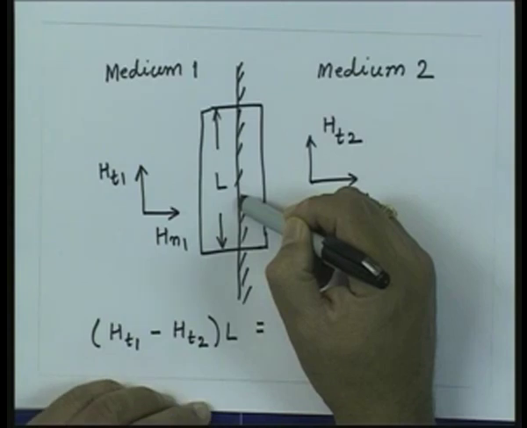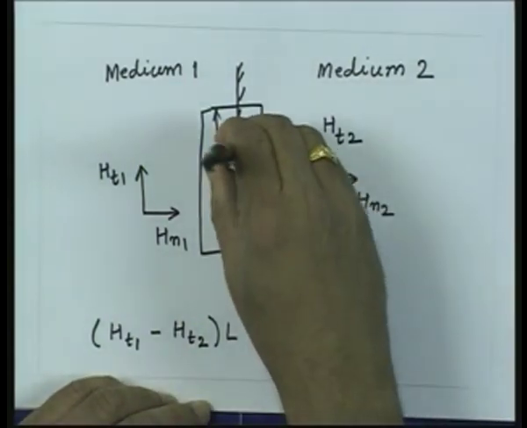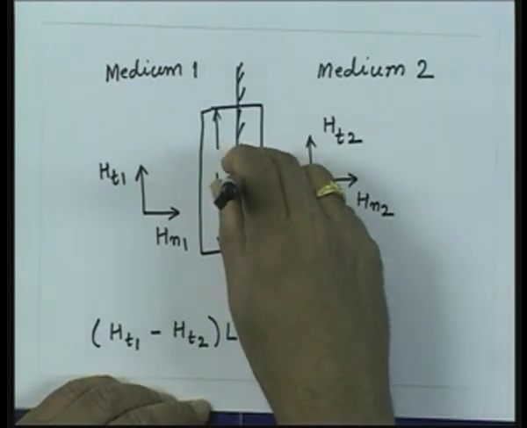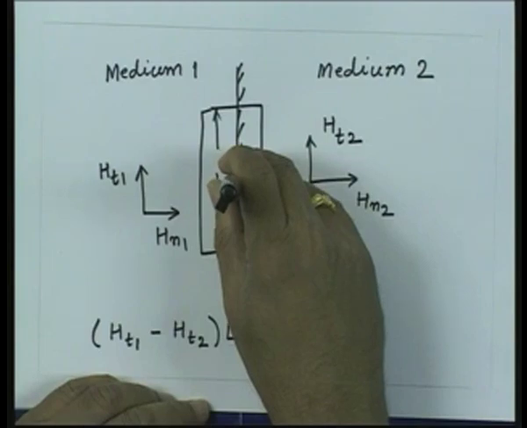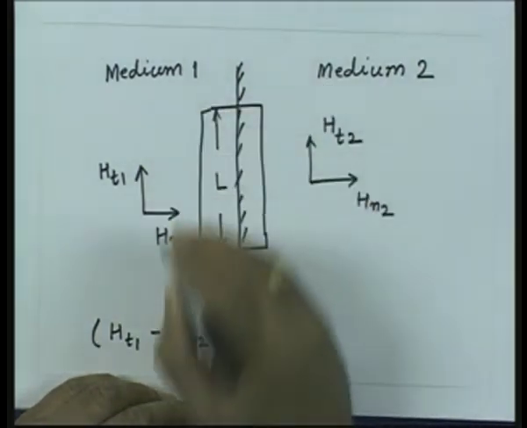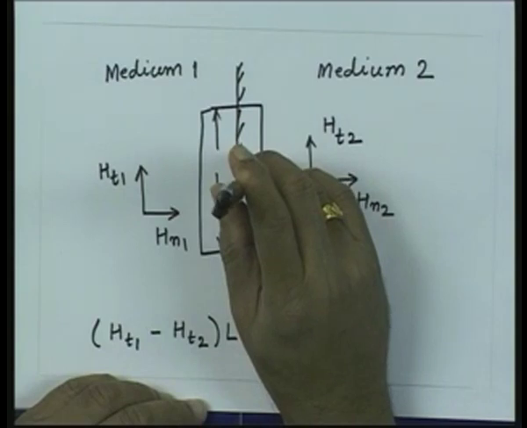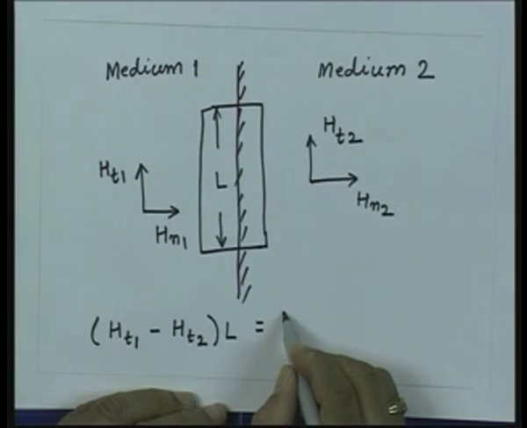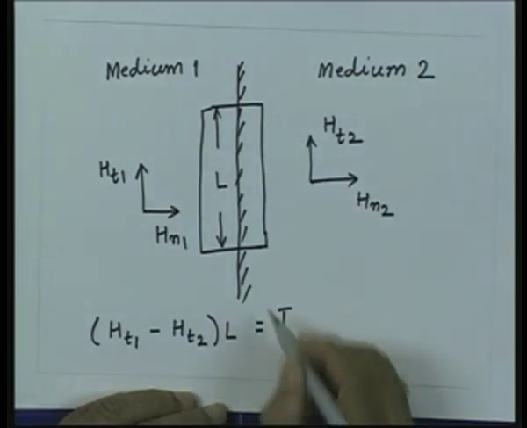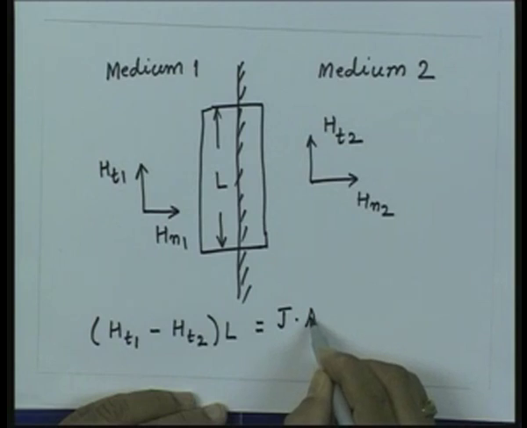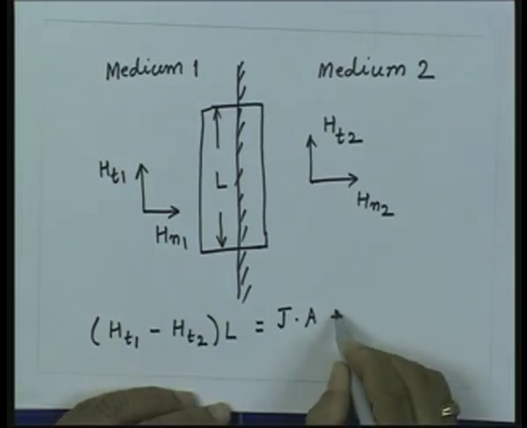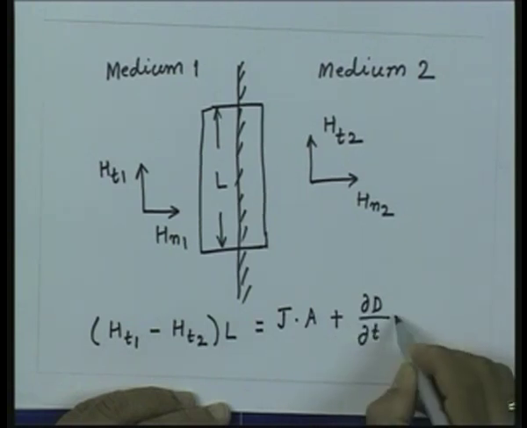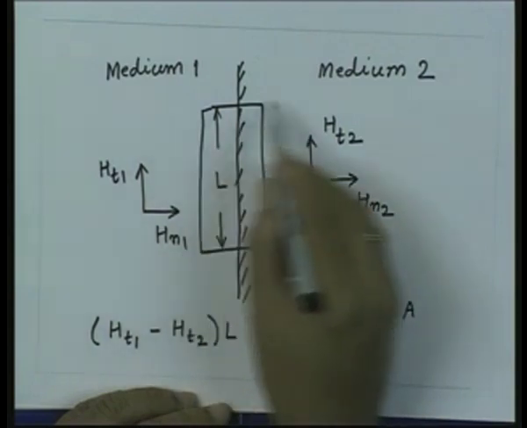The other possibility is that I have a displacement vector which is perpendicular to the plane of the paper. If I am having time varying fields, then I will have the displacement current density, which if I multiply again by the area of the loop, I will get the displacement current enclosed by the loop. So one contribution is the conduction current density J multiplied by the area of the loop, plus the displacement current density dD by dt multiplied by the area of this loop.